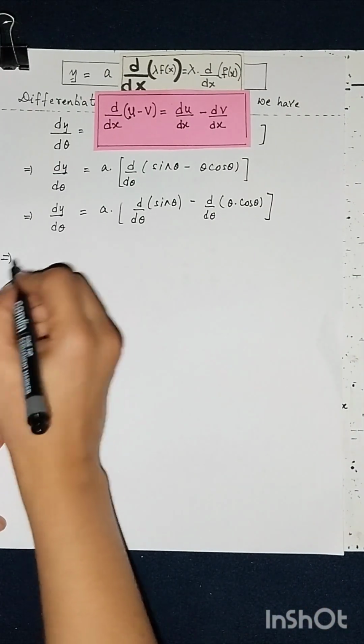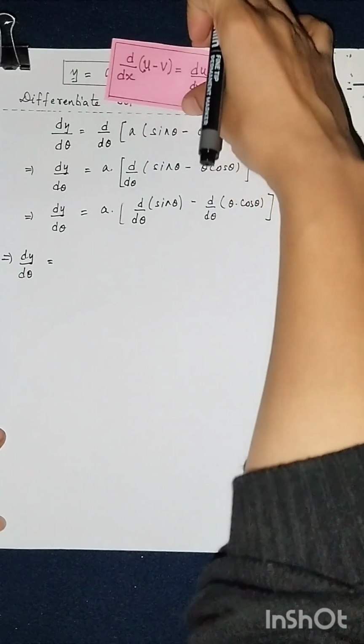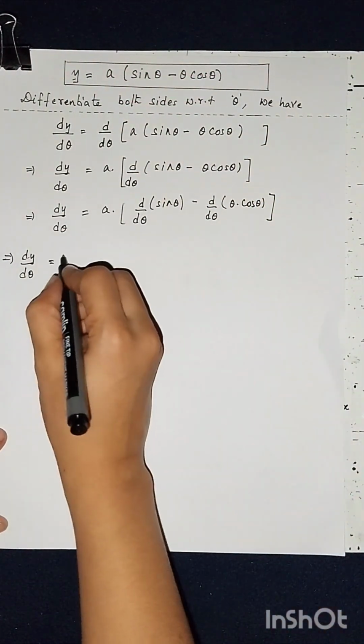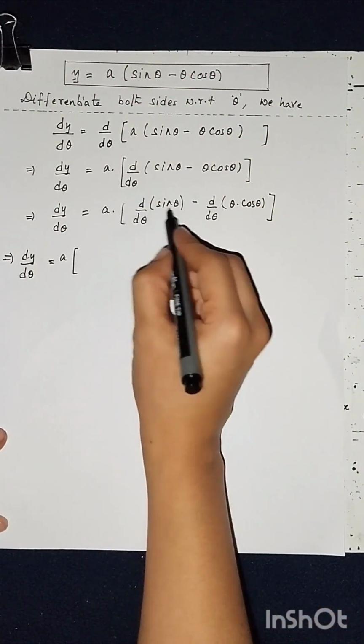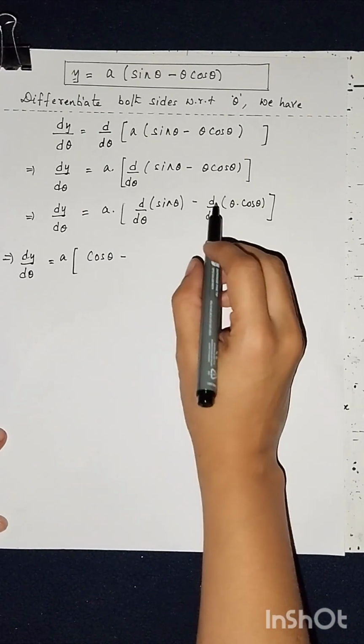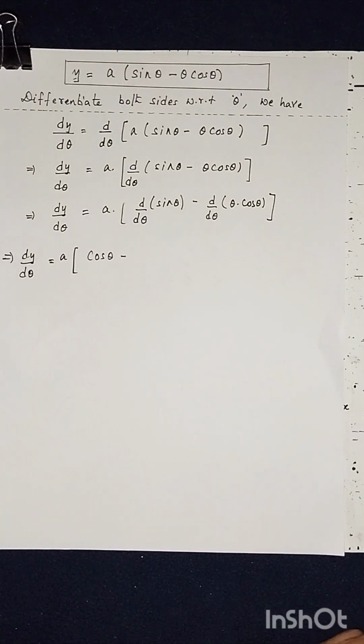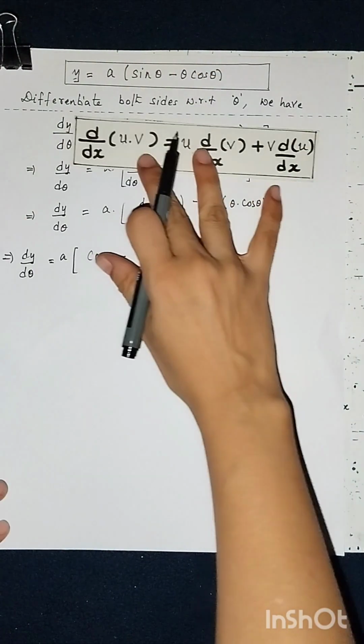Now this implies dy by d theta is equal to a into derivative of sin theta, which is cos theta, minus derivative of theta into cos theta. So here we have to apply the product rule, the uv rule.